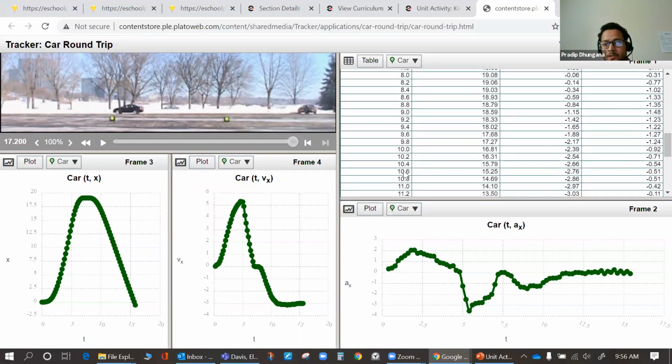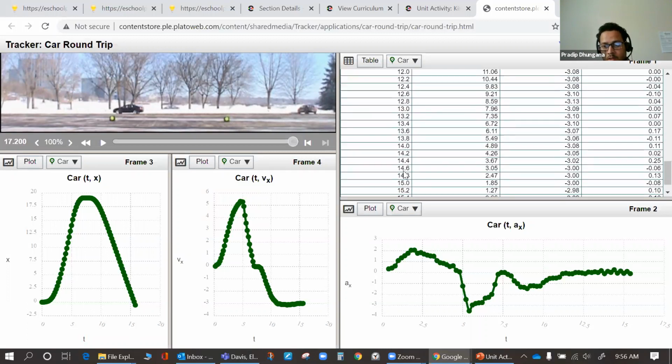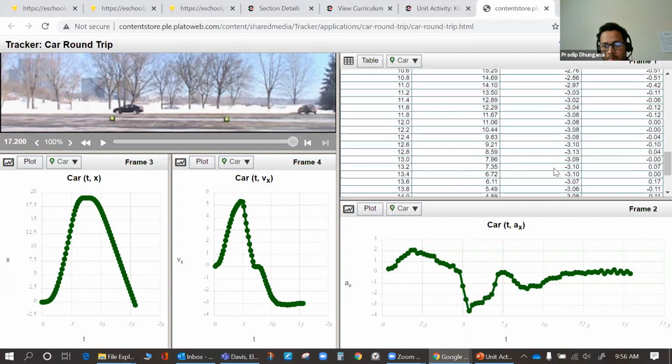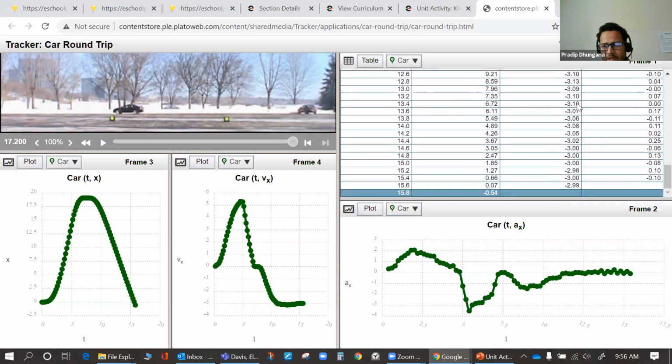After that, velocity started to increase in a negative direction, and then it keeps increasing and becomes maximum at 13.2 seconds, negative 3.10. After that, from 13.4 to 15.8 seconds, the velocity is nearly constant. It's still decreasing a little bit, but we can ignore that. So this is this part.